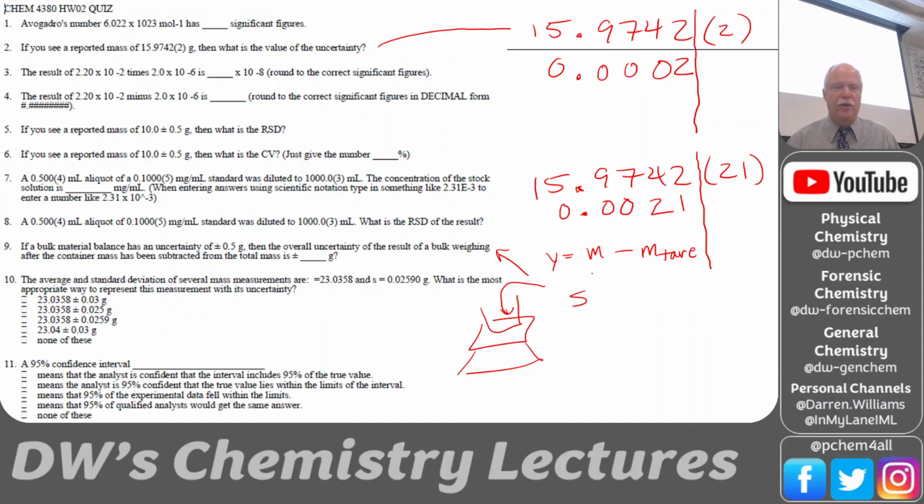So each one of those, S_M, is equal to plus or minus 0.5 grams. So S_Y is equal to the square root of S_M squared plus S_M tare squared.